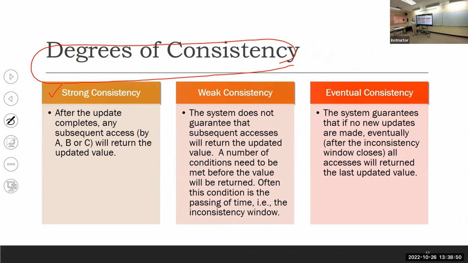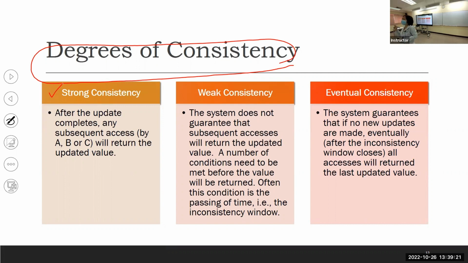And when we talk about the degree of consistency, if we impose a strong consistency model, it means that once you get confirmed that your update is complete, all the changes have already been propagated to everywhere. But it may take some time for you to get the confirmation, right? But once you get confirmed, it guarantees that everyone sees the change.